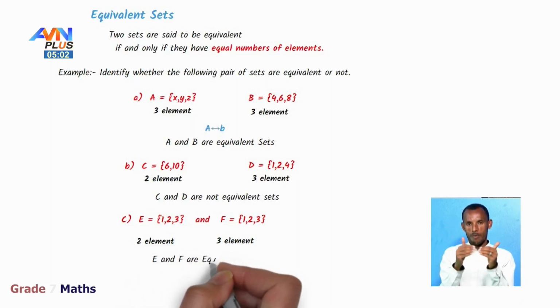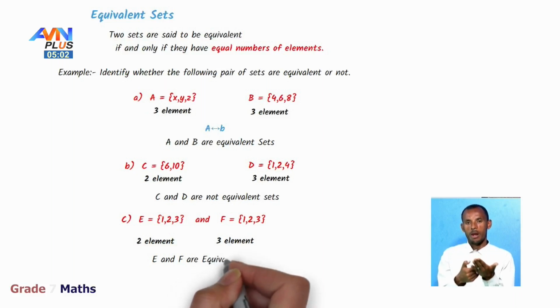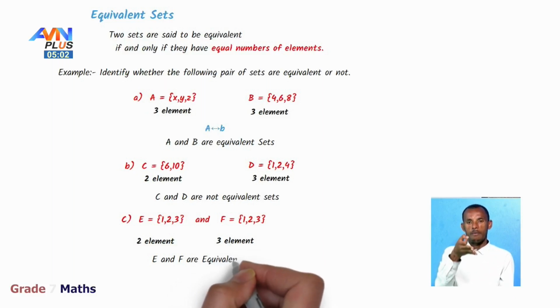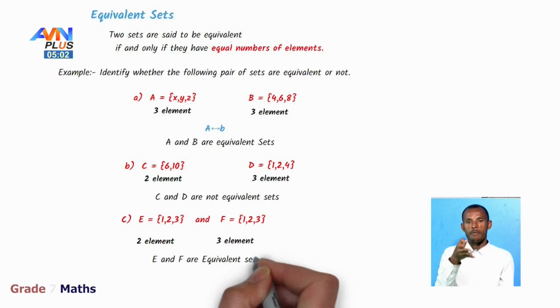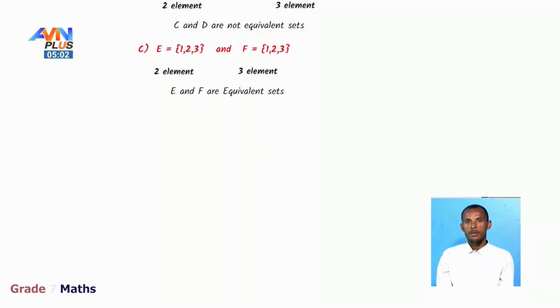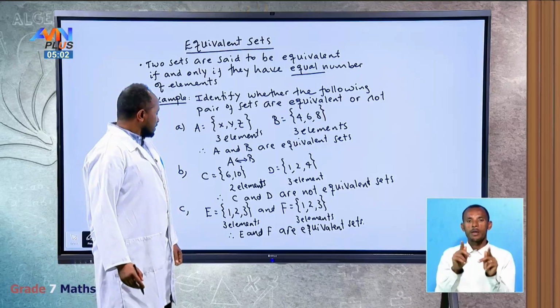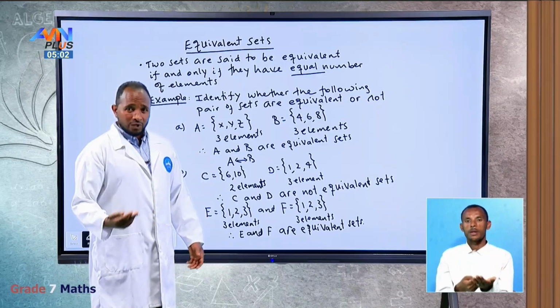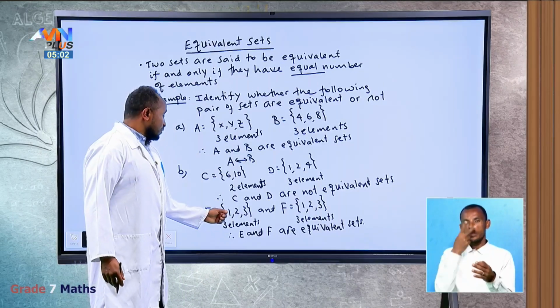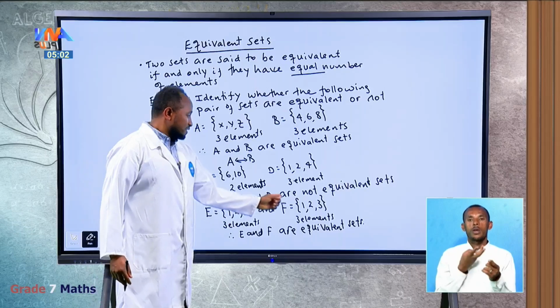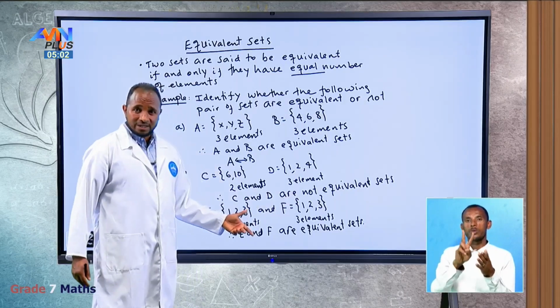Therefore, E and F are equivalent sets. They are equivalent sets.